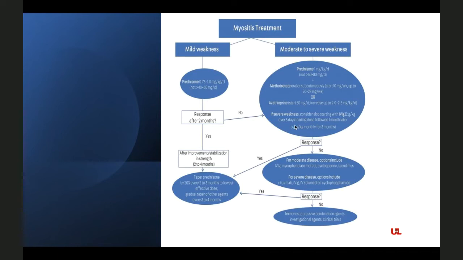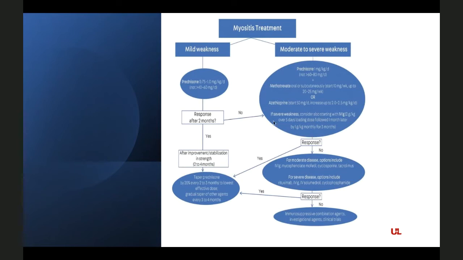If there is no response after all of this, then it is kind of refractory, and then we use rituximab, cyclophosphamide, tacrolimus, or cyclosporin, any of these third-line agents. And if it is IBM, as of now, we don't have any kind of immunotherapy that can help these patients.